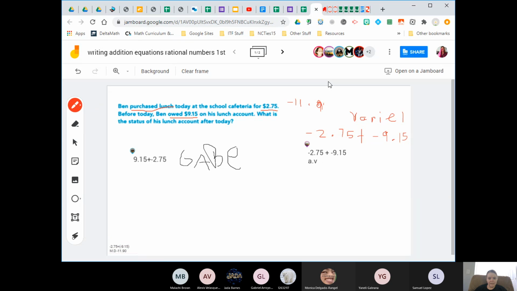All right, I see negative 1190, negative 1190. So if we take $2.75 and add $9.15 to it, we should get $11.90 in the negative that he owes. All right. Any questions about this problem?